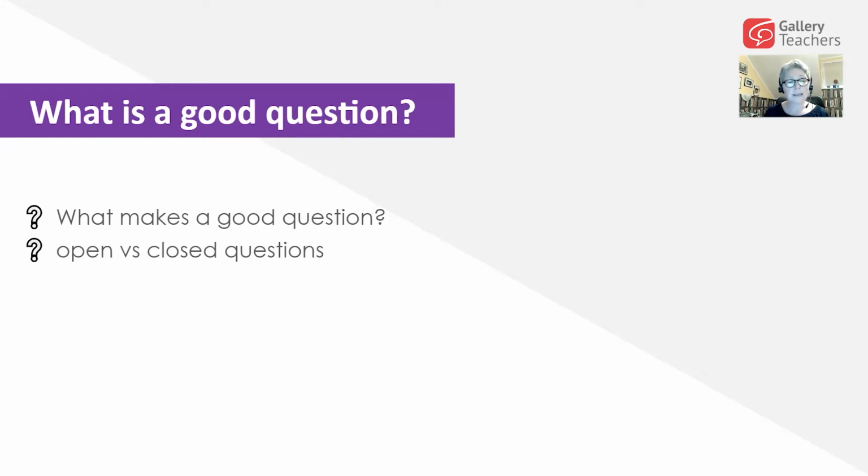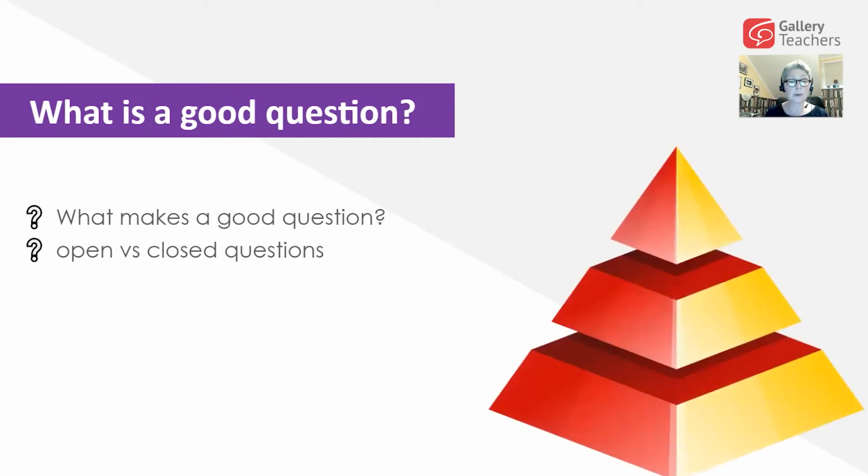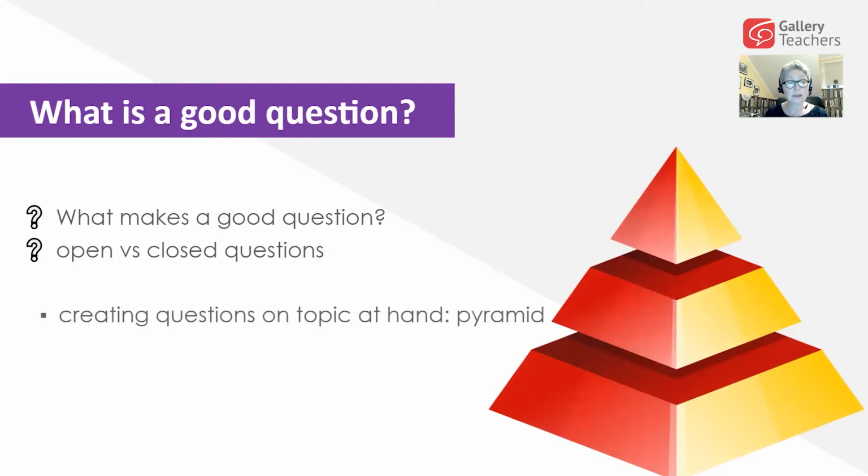A very good exercise to create questions and assess their usefulness for the learning process is a pyramid discussion, with students coming up with questions on a given topic or in a given area. So they can do this individually or in pairs. And so the first step will be brainstorming, and the second step will be evaluating which of the questions that they have come up with are the best.